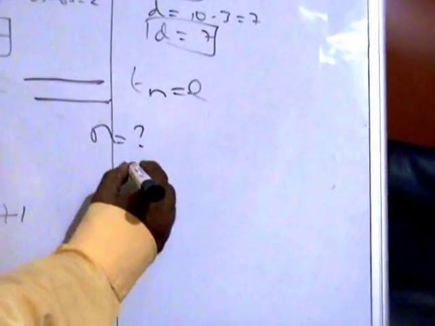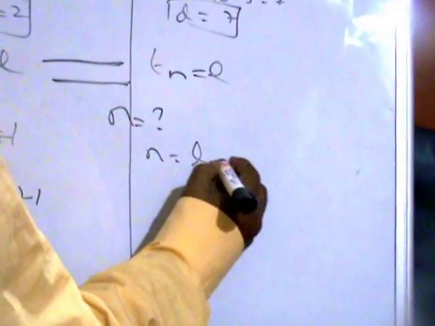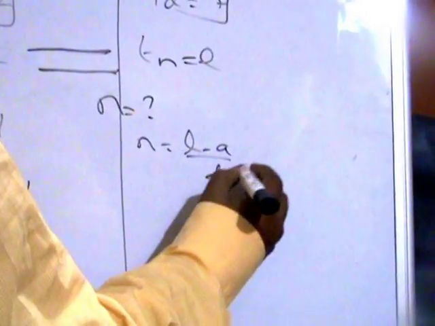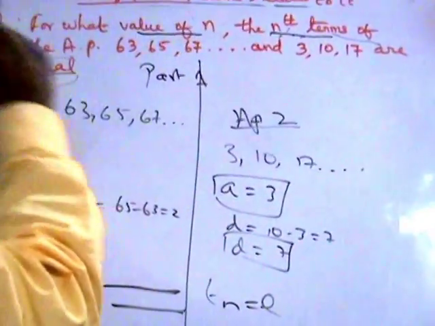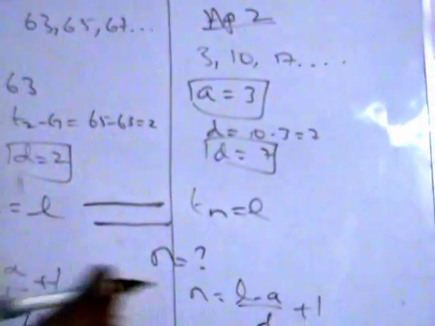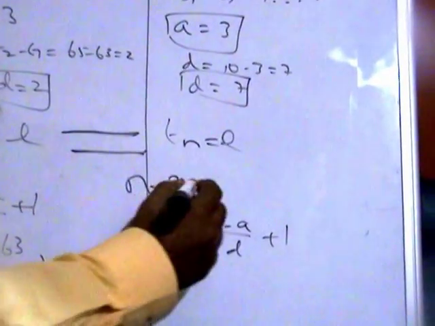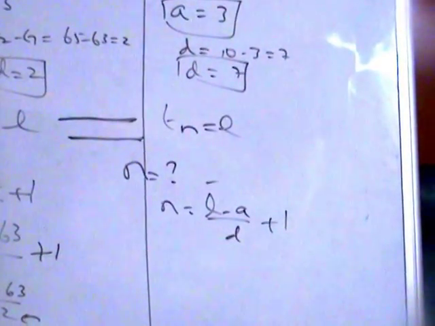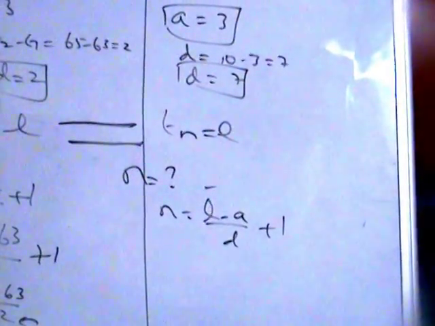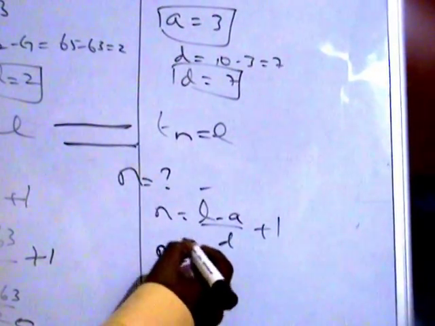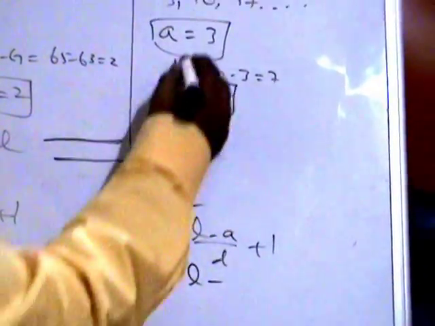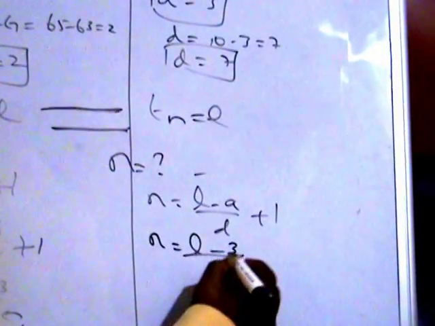Now come to the other side, use the formula again. n is equal to L minus A by d plus 1. It says clearly both the L are same. The nth term, the last term, L are equal for both the sequences. So keep same L. This also you keep it as L, this also you keep it as L. And if they are equal, what is the value of n? So n we don't know, L is actually L only. Here the A is 3. The common difference is 7.